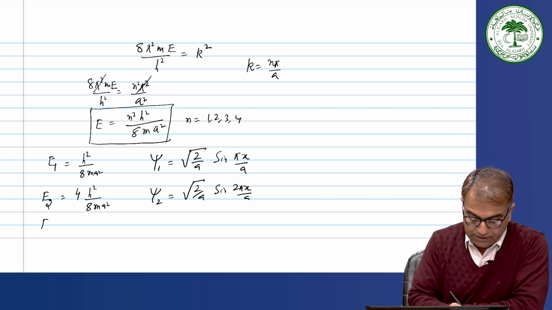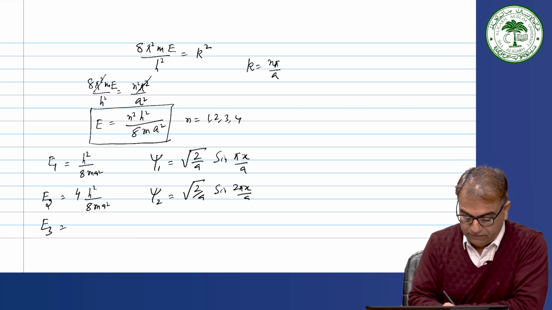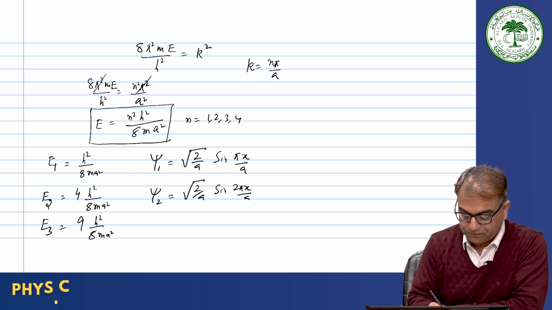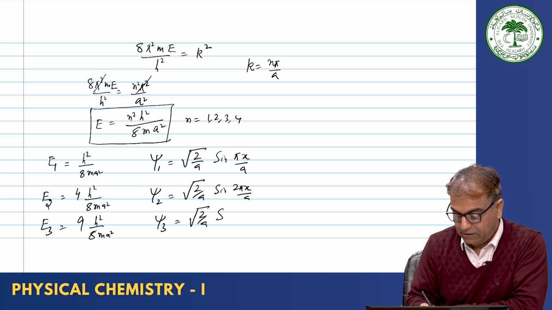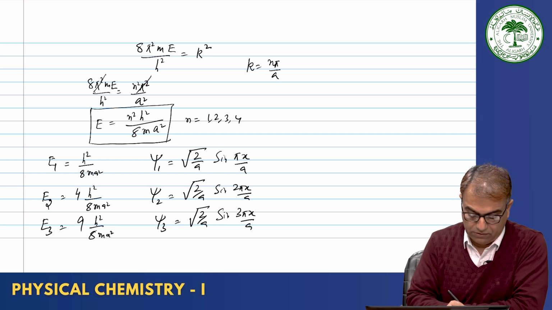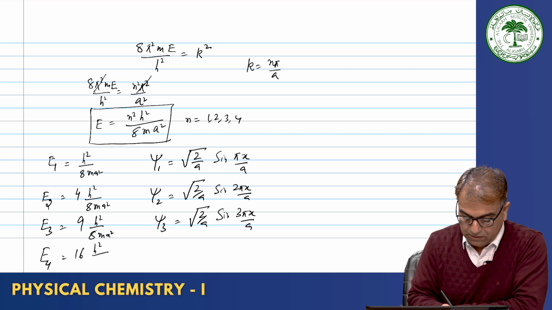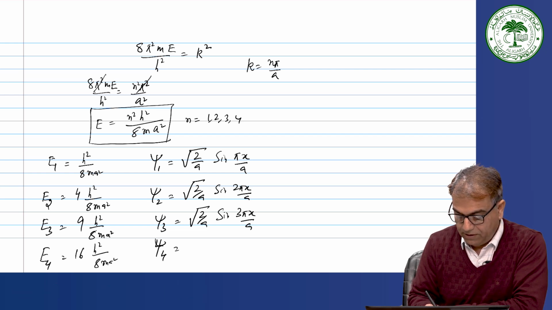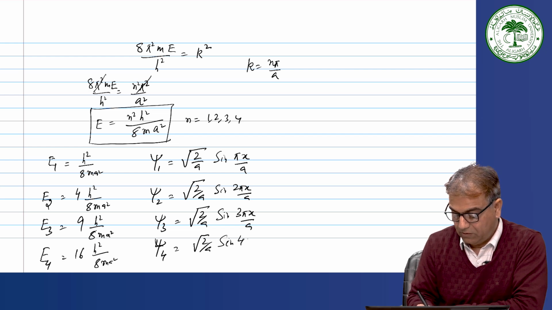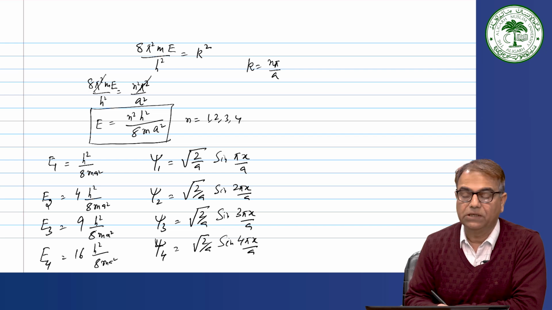You have a third energy level E3, that will be 9h² divided by 8ma², and the wave function will be root 2 by a sin 3πx upon a, and so on. E4 you can write 16h² divided by 8ma², and ψ4 will be root 2 by a sin 4πx upon a.